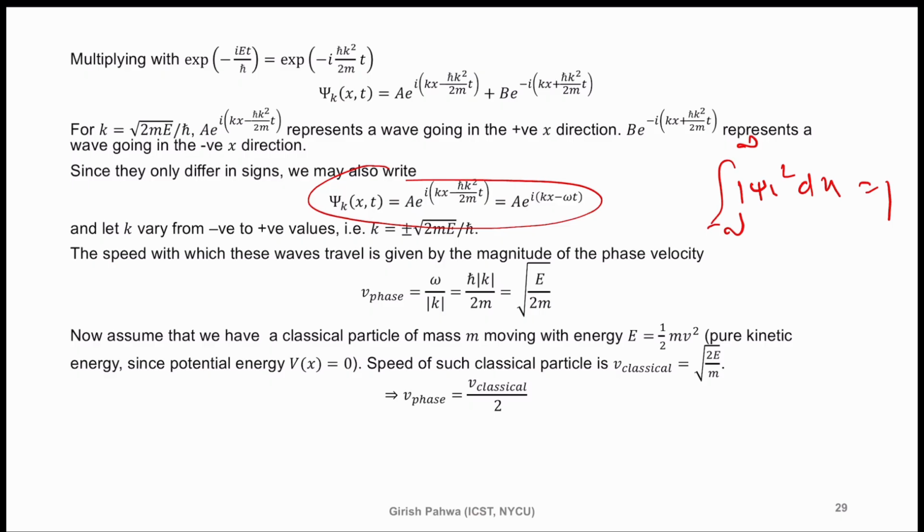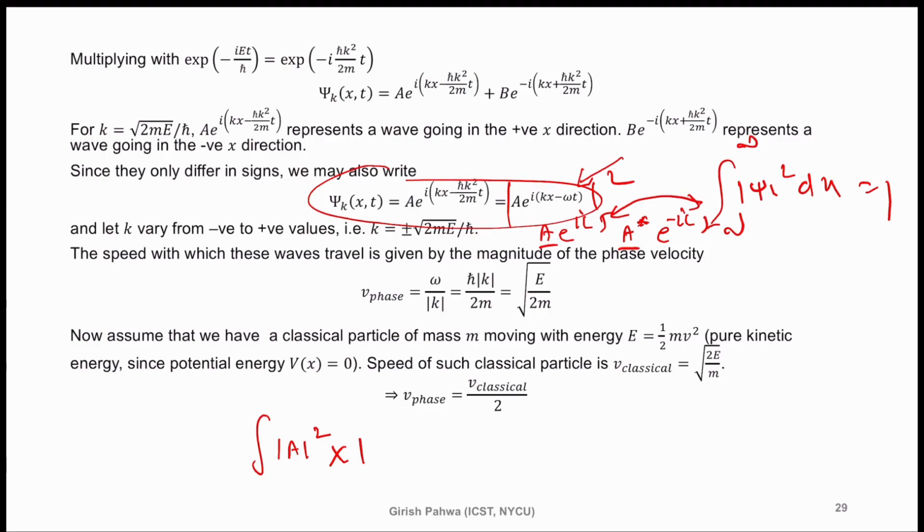Let's look at this thing. Can you tell me if it is going to give me something finite or not? What do you have? Mod a square into basically 1. Take the mod of this and do the square. So basically you are doing a e to the power iota something into a star into e to the power minus iota something. This and this will cancel.